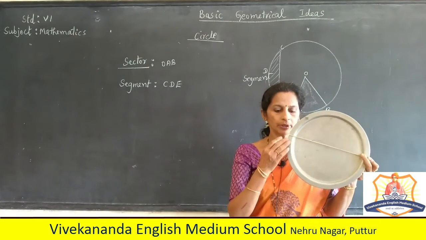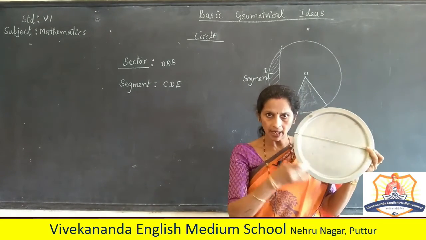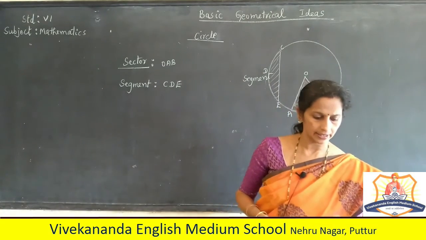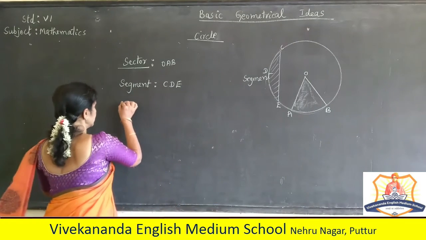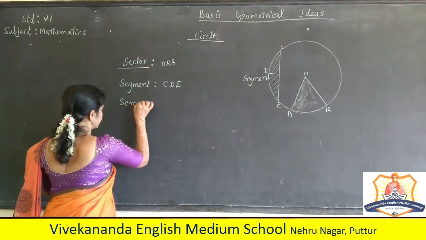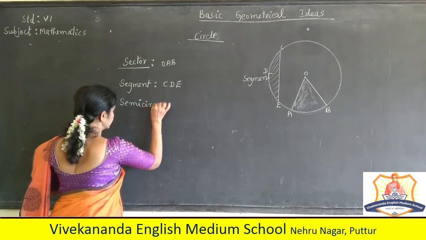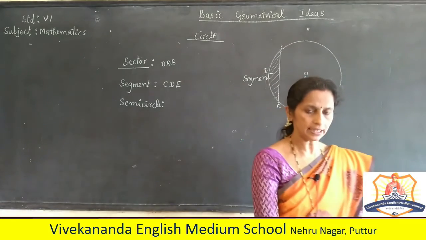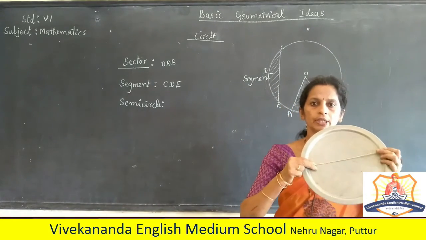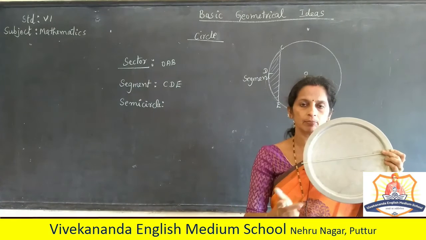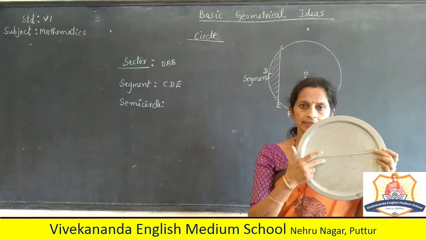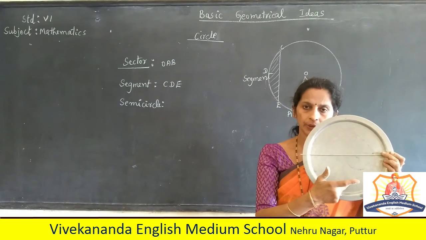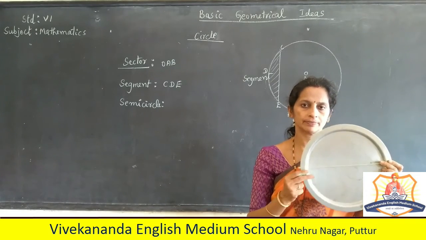The region bounded by the diameter and the arc of the circle is known as a semicircle. In a circle, how many semicircles can you see? Only two semicircles. The diameter divides the circle into two equal parts, and each equal part is known as a semicircle.